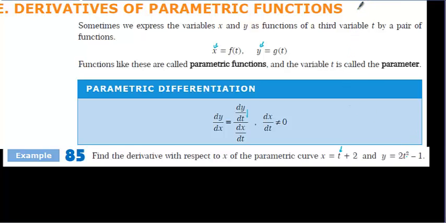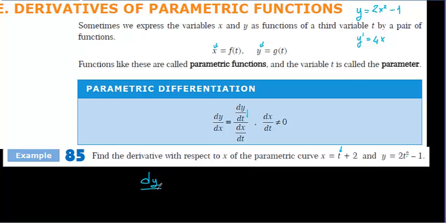So if I ask you this question, y is equal to x plus 2, or y is equal to 2x squared minus 1, you are going to tell me that the y derivative is equal to 4x minus 0 actually, but it is not written. You are going to tell me that the y derivative is equal to 4x. So for the derivative of y with respect to t, the variable is t here, it's going to be the same.